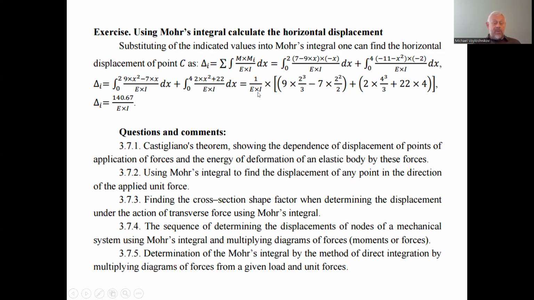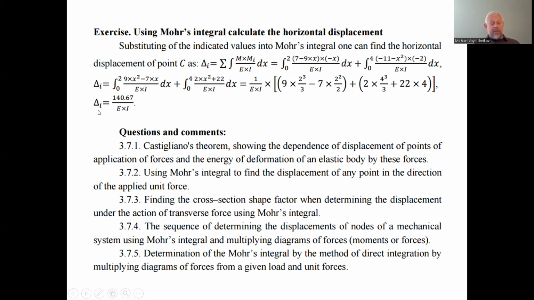For the systems, we have the same section of the first and second elements of the considered mechanical system. So they are multiplied by the results of finding these integrals after substituting the limits of integration and finding the integrals.